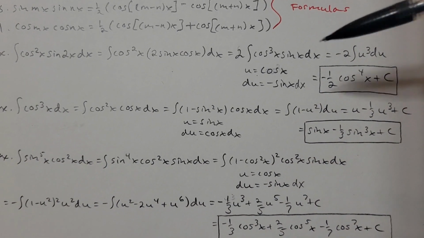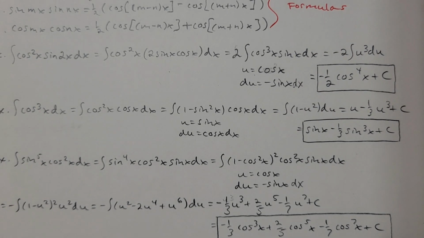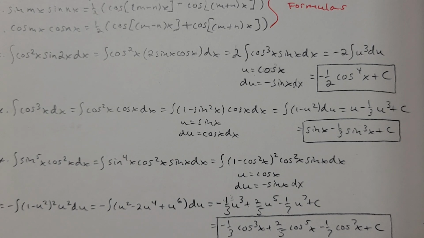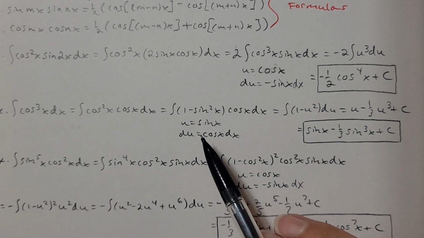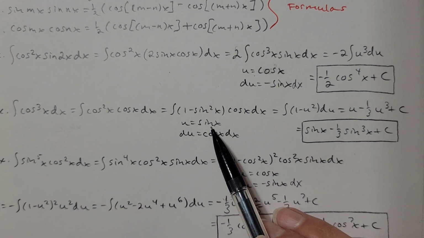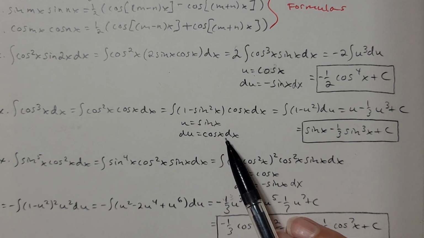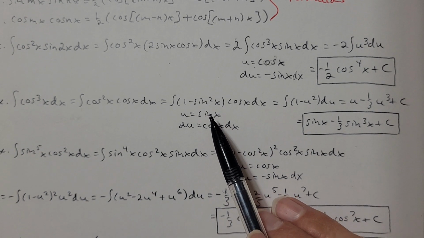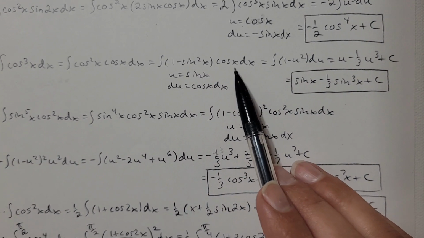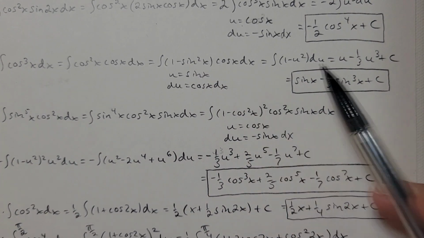Why I did that is because that allows me to make a u substitution. By the way, a lot of these problems are going to use substitutions somewhere along the lines, so keep that in mind. If I let u be sine x here, du is cosine x dx. So I'll be able to knock out that part at the end there.